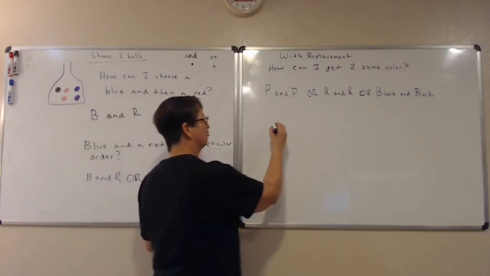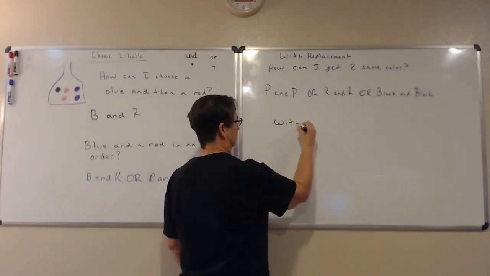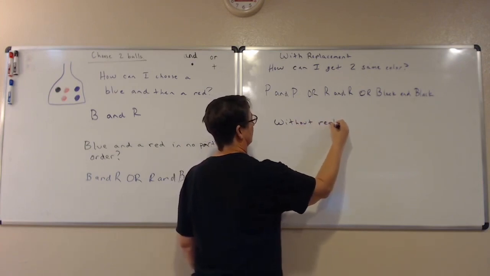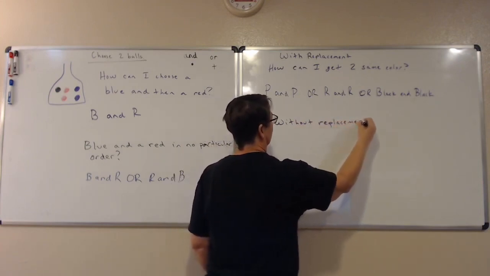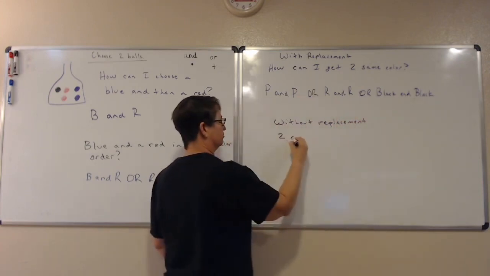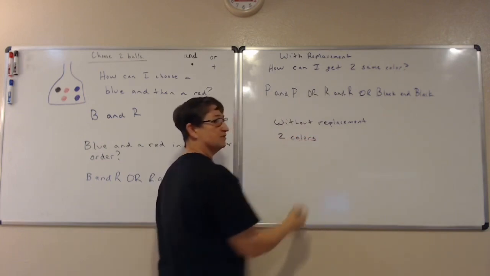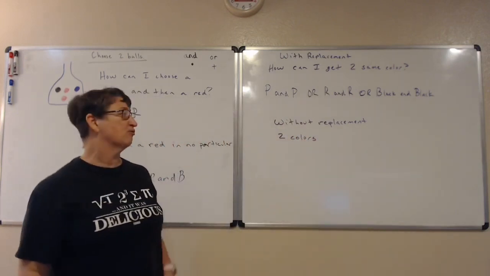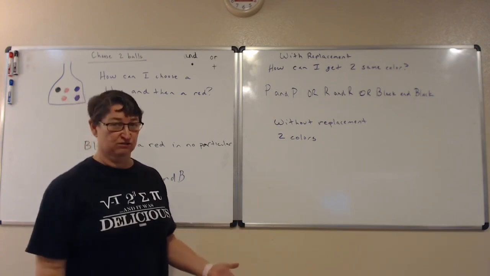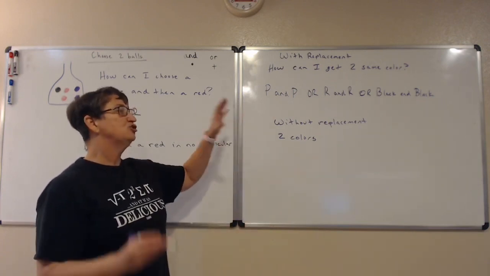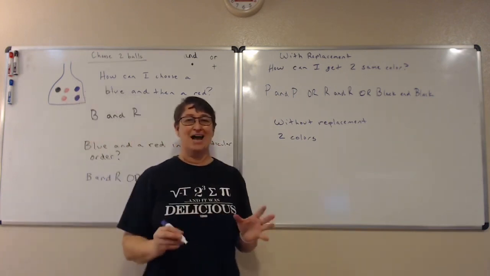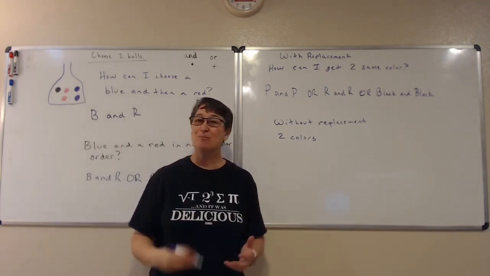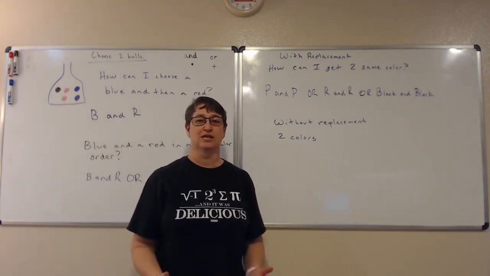But if I'm doing it without replacement, that same thing, two colors, then all of a sudden my number of ways that I do it changes. So this is where just being able to wrap your mind around what it is that's happening in this scenario is really important.